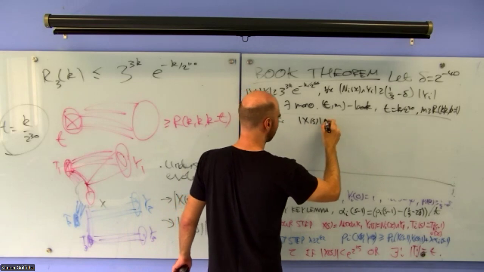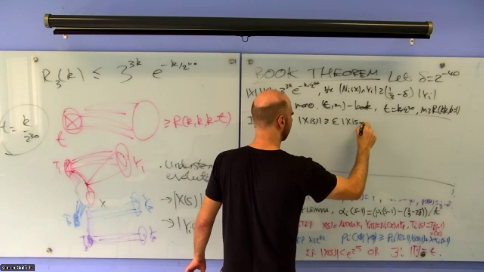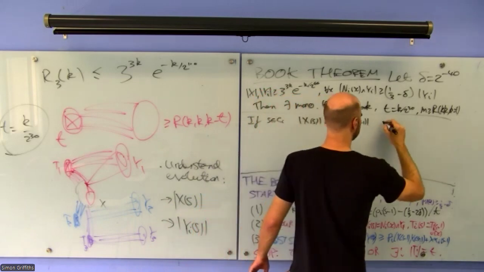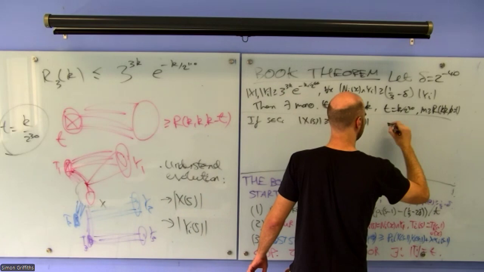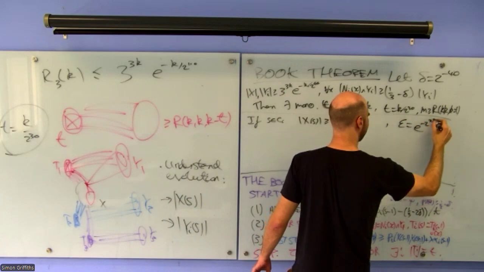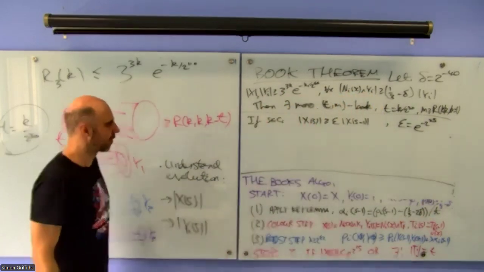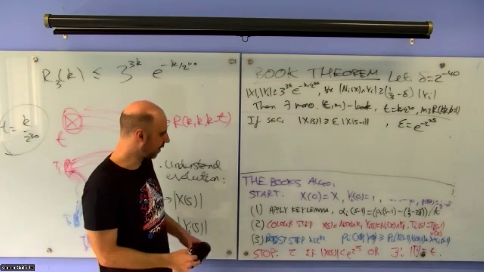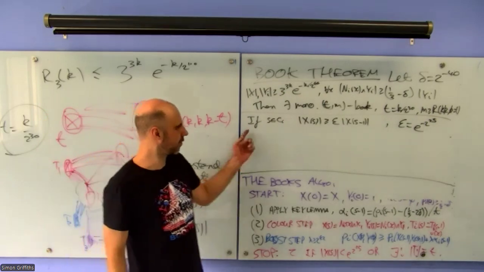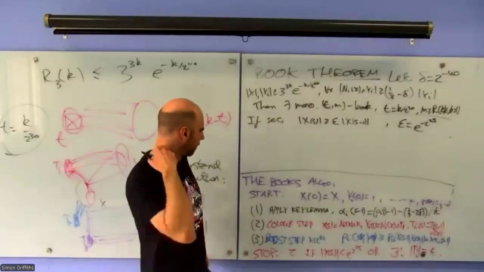It's at least epsilon times X_s minus 1, where epsilon is e to the minus 2 to the 25. That's an important number, and that was just what came out of the key lemma. If you do the color step, you keep at least this proportion of the set X.